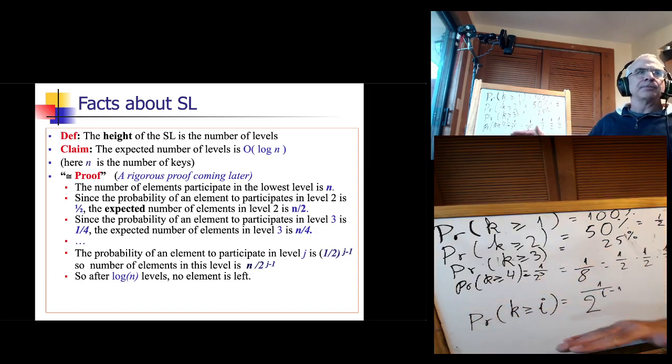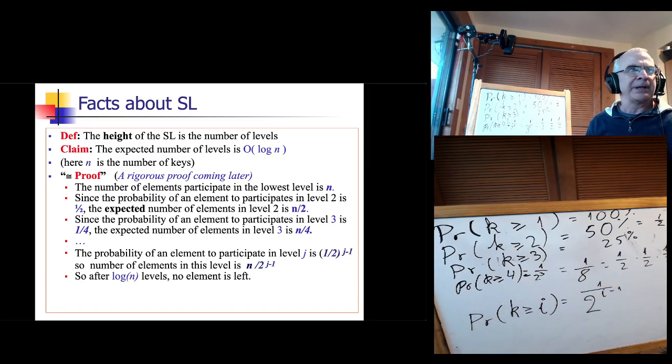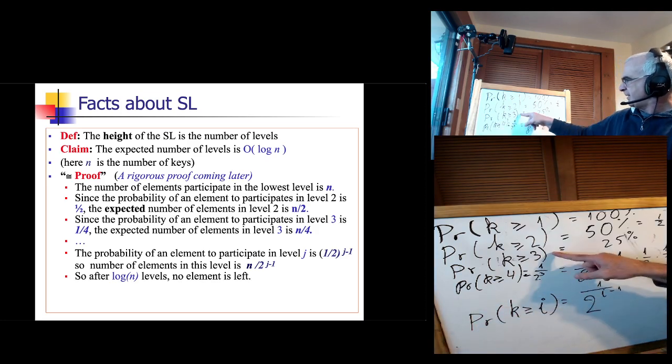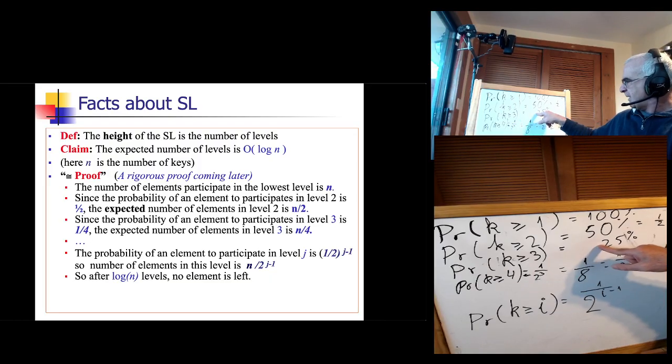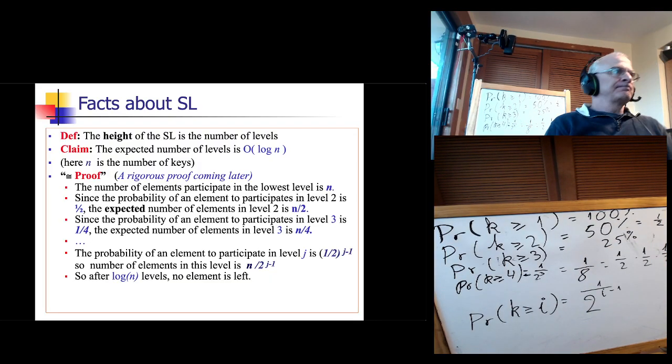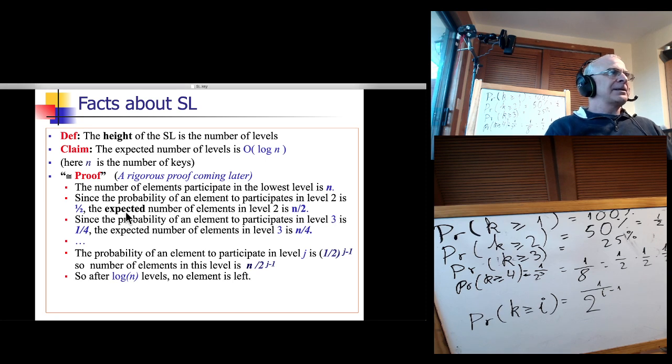There are ways to solve it in a complicated way. A much simpler way is to say, what's your chance to make it to level 3? Well, it's 25%, true for any element. That's why the expected number of elements in level 3 is n/4. Expected, but n is large. Each element has a chance of 25% to be picked.